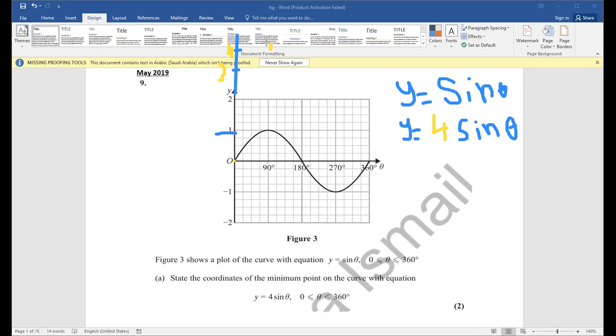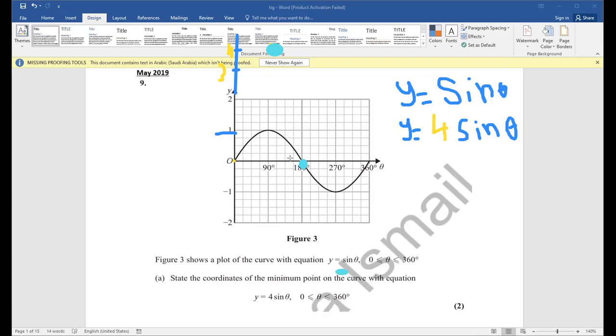Let's make it a point here. And here it's the same: 0 multiplied by 4 is 0. And here we have to go down, instead of -1, it will be -4.